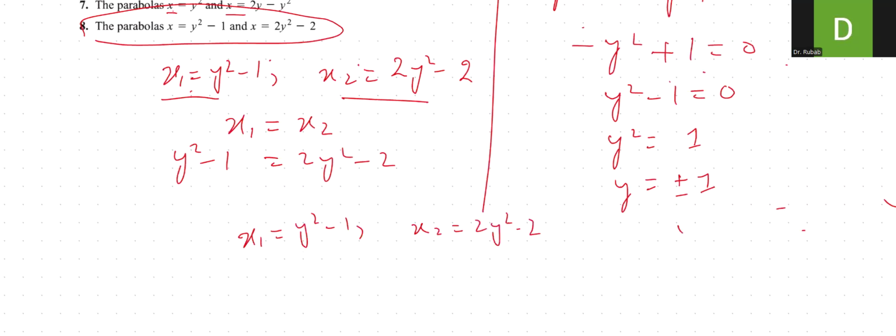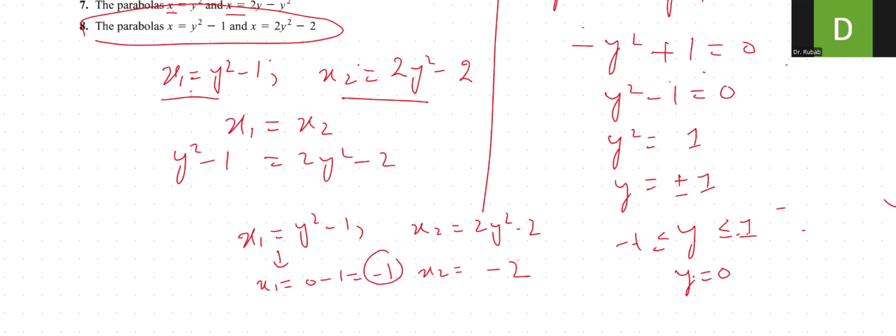So I take y equal to 0 between them and put it here, and it becomes minus 1 and it becomes minus 2. So minus 1 is greater, minus 2 is smaller. So this is the upper limit and this is the lower limit.